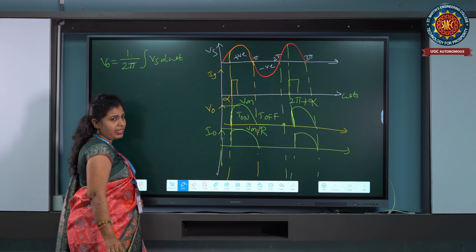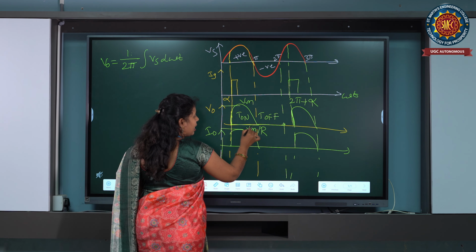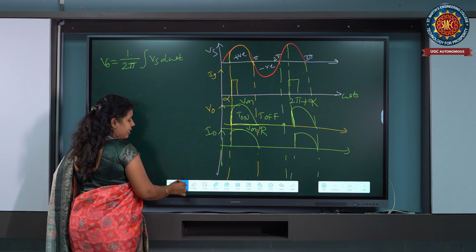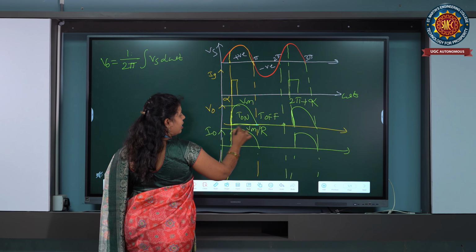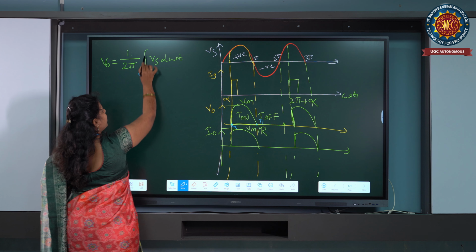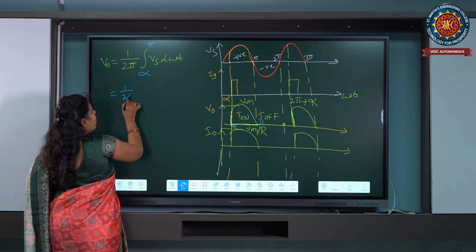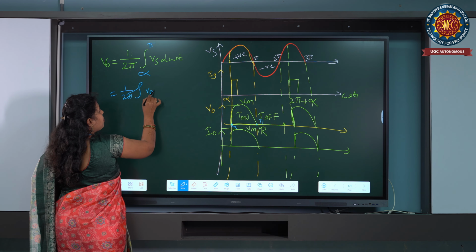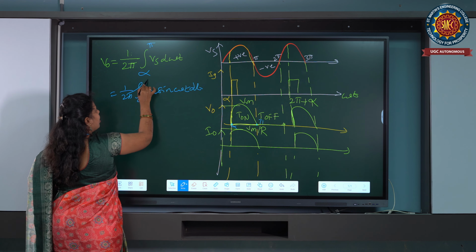Here we take the limits, whatever the operating angles of that waveform are. Here this is alpha and here is pi. Then the lower limit is alpha and the upper limit is pi. And here we know that Vs is Vm sin omega t, d omega t. Limits are alpha to pi.